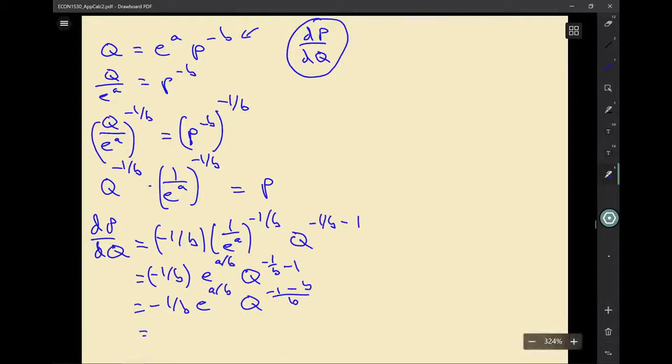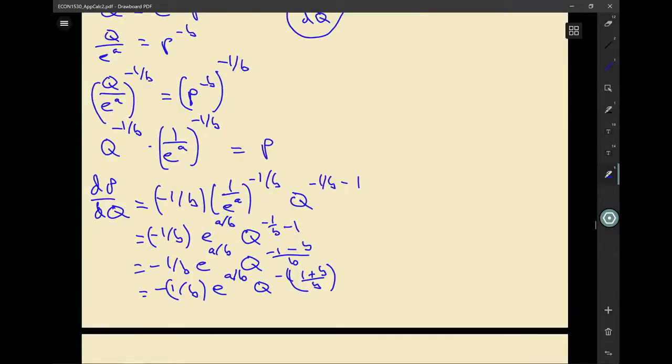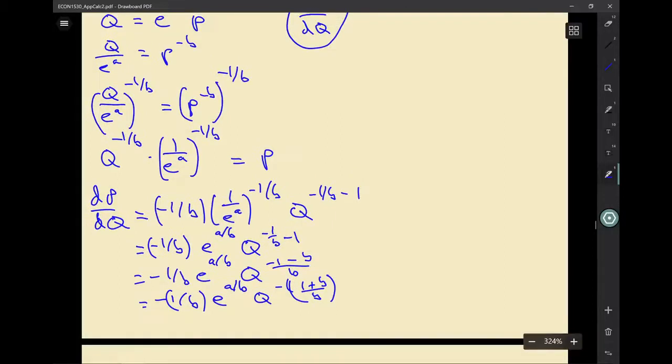Whew. And we get negative 1 over b, e^(a/b), q^((-1 - b)/b). Now, although I've simplified this as best I could, it's actually really not helping me get to the answer of question C.